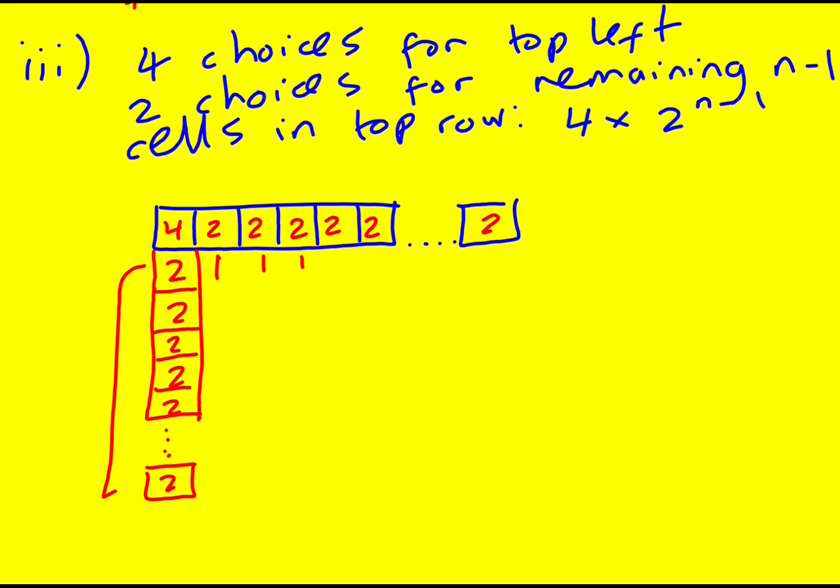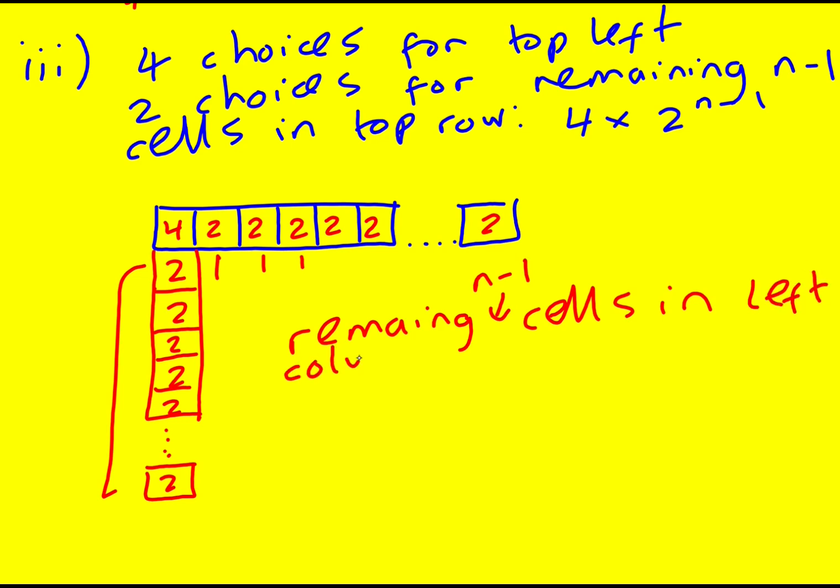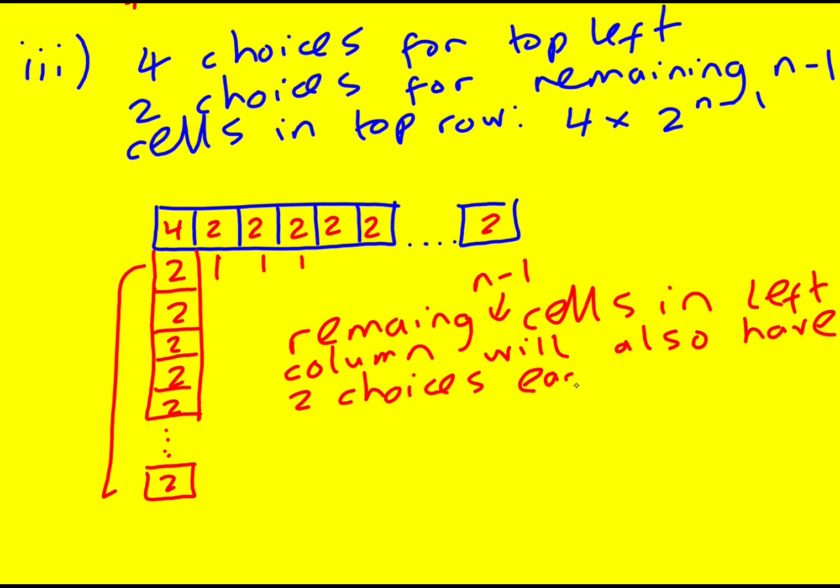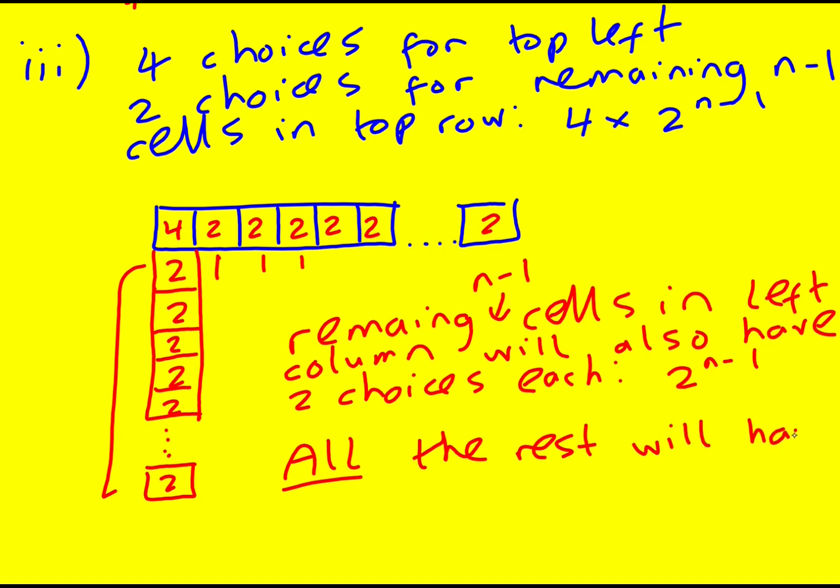Let me just say this again. The remaining n minus 1 cells in the left column will also have two choices each, which will give me another 2 to the n minus 1. All the rest will have one choice.